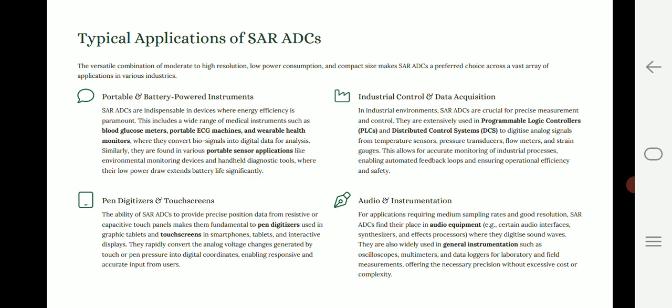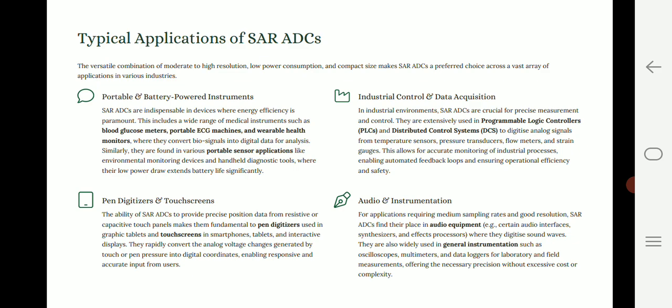And coming to pen digitizers and touch screens, in this application also SAR ADC provides precise position data from resistive or capacitive touch panels, making them fundamental to pen digitizers used in graphic tablets and touch screens, as well as smartphones.